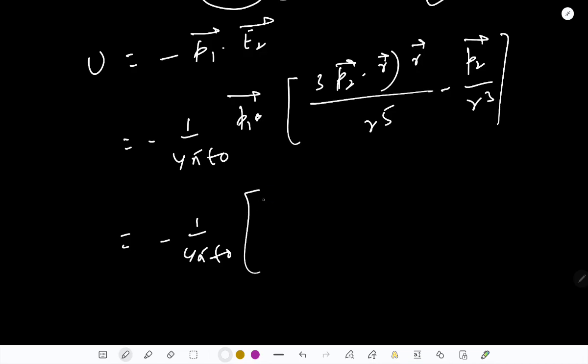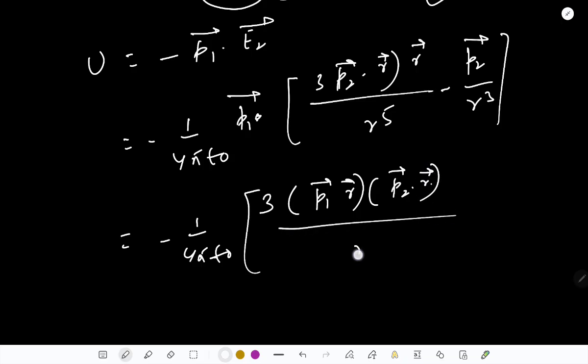That means 3 is here, and I can write here (P1 dot R) (P2 dot R), and this dot product becomes simply P1 dot R multiplied by P2 dot R divided by R5, and minus P1 dot P2 by R cube.